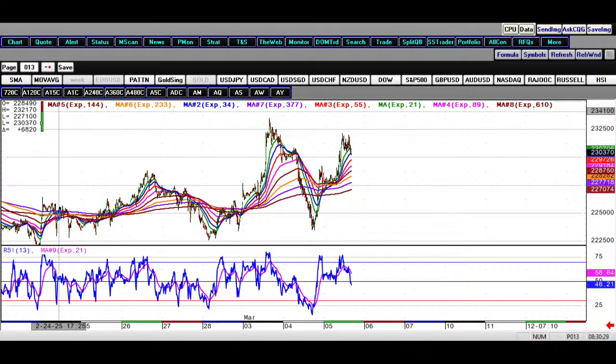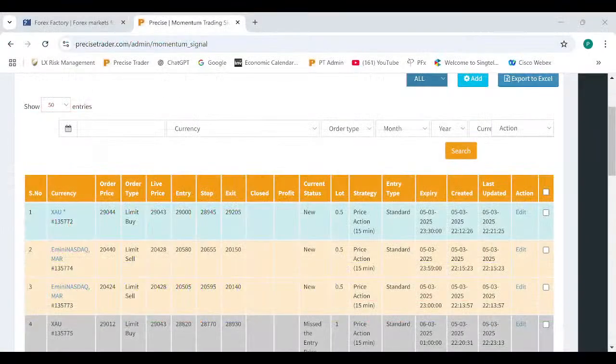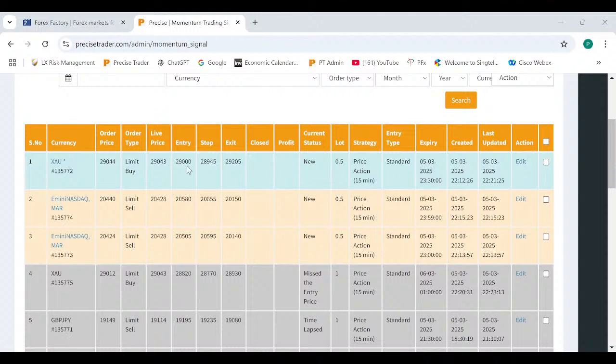And we are trying to buy gold. We're trying to buy gold at 2900 and stop at 2894. Just give me a minute. Sorry.